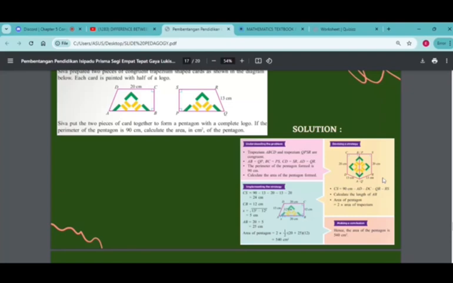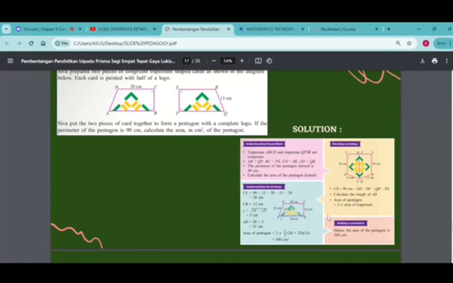This means it includes two shapes. 19 centimeter minus AD minus DC minus QR minus RS. Calculate the length of AB.